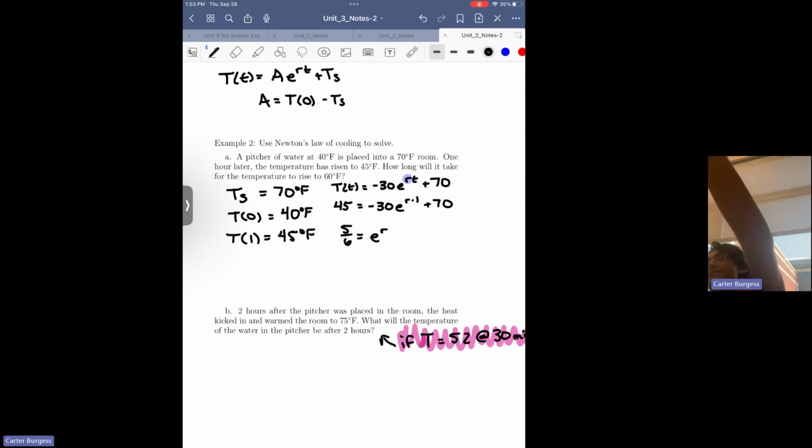So first we subtracted 70. So 45 minus 70 was negative 25. And then negative 25 divided by negative 30. You could leave that as 25 over 30. I simplified it down to 5 over 6 just because I'm going to have to be writing it a lot.